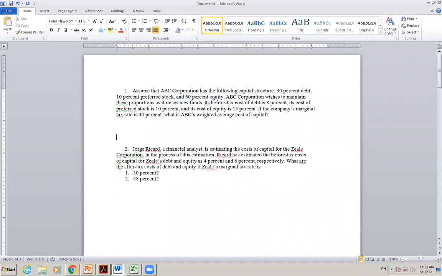So we need to calculate the weighted average cost of capital. It is the proportion of debt times the cost of debt, plus the proportion of preferred stock times the cost of preferred stock, plus the proportion of common equity times the cost of common equity, okay?